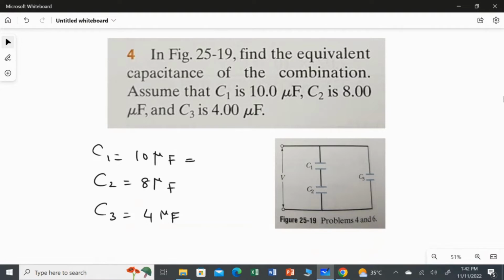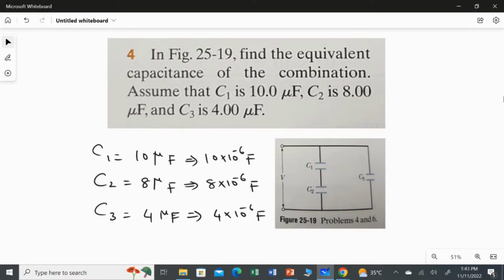You know the value for micro, which is 10 to the power minus 6 farad, so the first is 10 multiplied by 10 to the power minus 6 farad, the second is 8 multiplied by 10 to the power minus 6 farad, and the third is 4 multiplied by 10 to the power minus 6 farad. Clear?